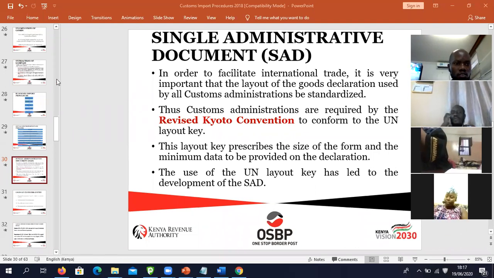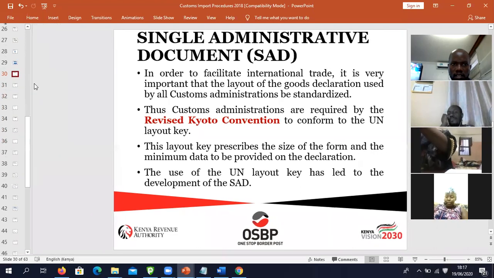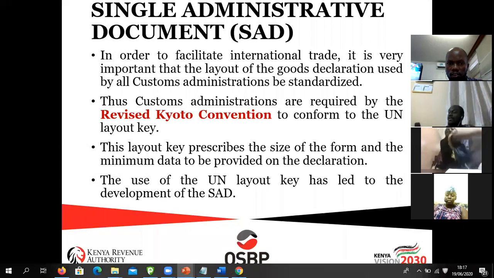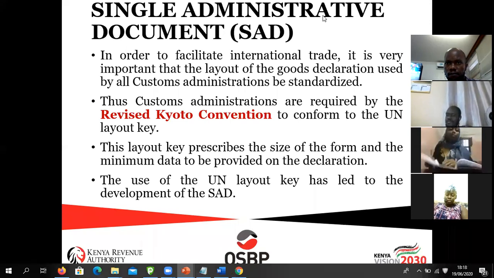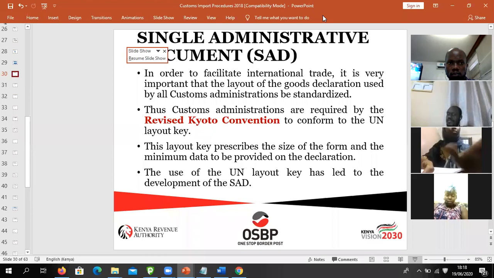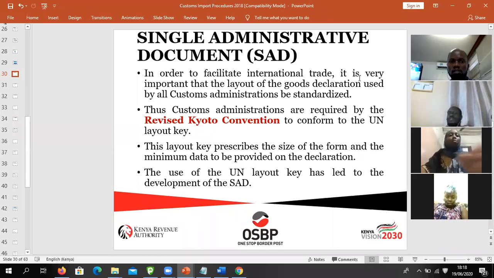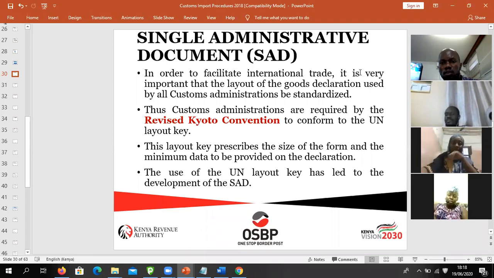So I hope my screen is also equally clear. Let me just narrow this, yes. So single administrative documents. Let me see if I do in form of presentation to be very visible, yes. Is that visible? Okay.